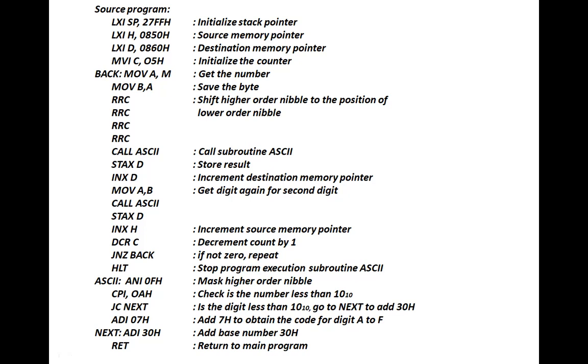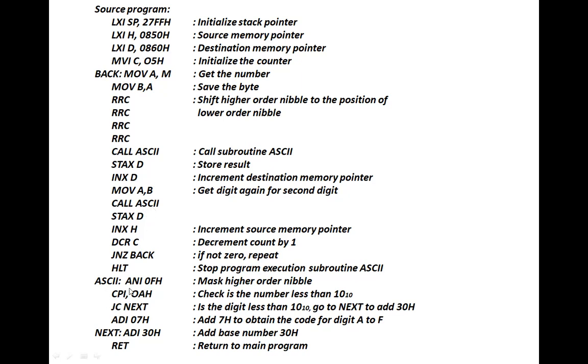Now, out of this value 01, only 0 you have converted, you have not converted 1. So what will happen? Again, we take the B value, which we saved as the byte, back into the accumulator. And then we call the ASCII subroutine.